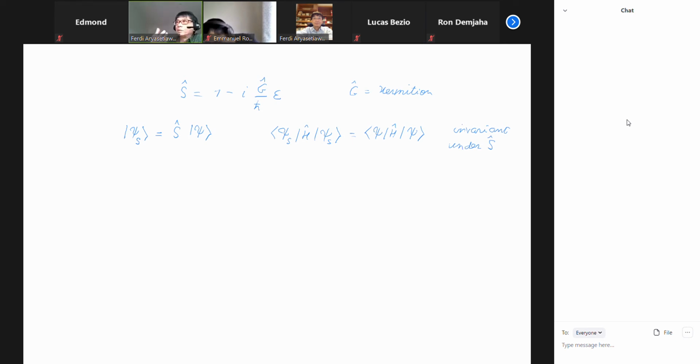Because the symmetry operation rotates the Hilbert space, and rotates the states. So what is then the consequence of this? So this means that if we use this thing here, then we have psi S, and then we have psi dagger, S, psi.